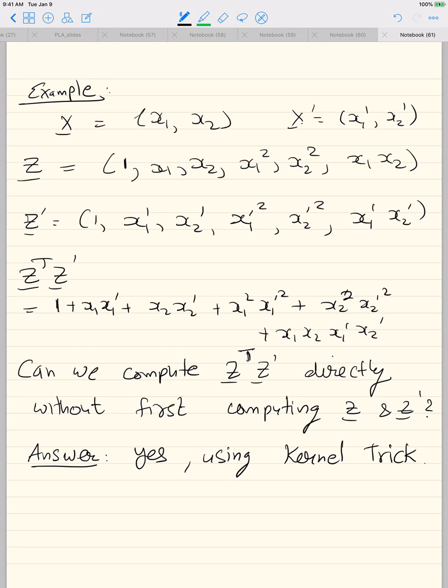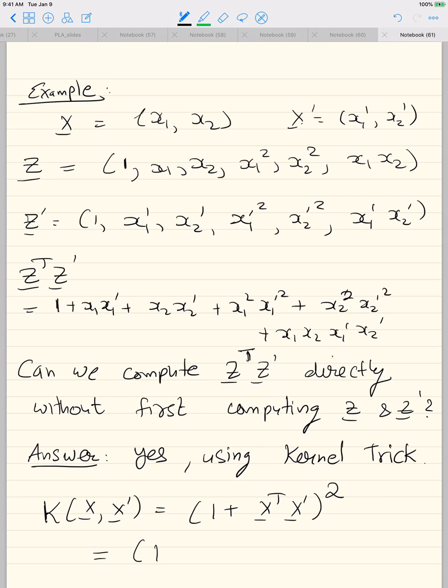So the idea behind the kernel trick is the following. We know that z and z prime are second order transformations of x and x prime. So let's define a kernel function like this. Let's take the inner product between x and x prime, that is, for the original vectors which are smaller. We compute the inner product, add 1 to it and square it. So what do we get?